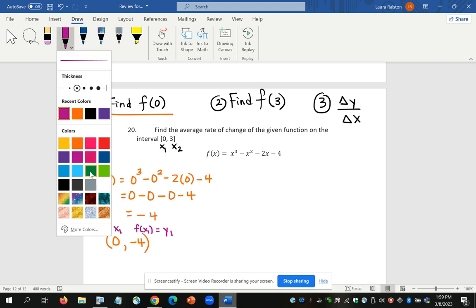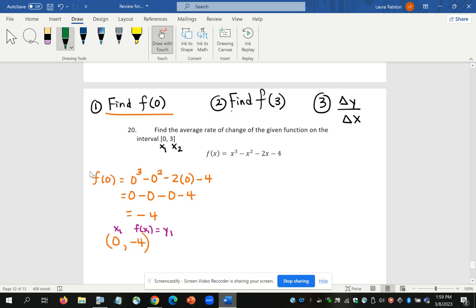Then I have to go back and do f at 3. So if I do f at 3, I have 3 cubed minus 3 squared minus 2 times 3 minus 4.